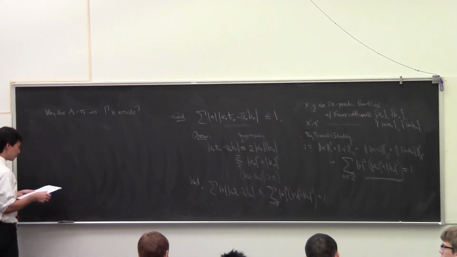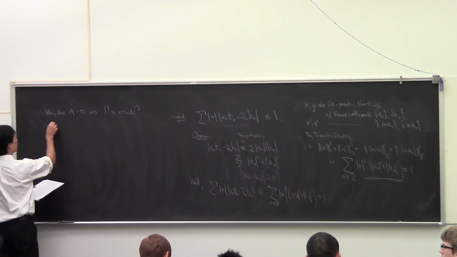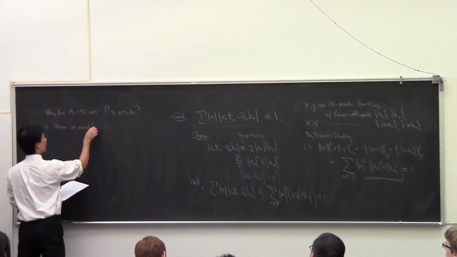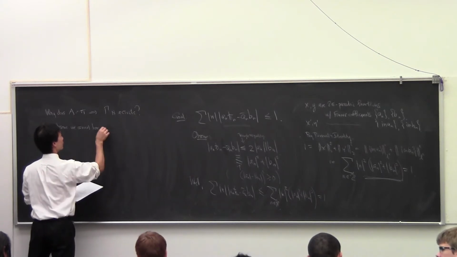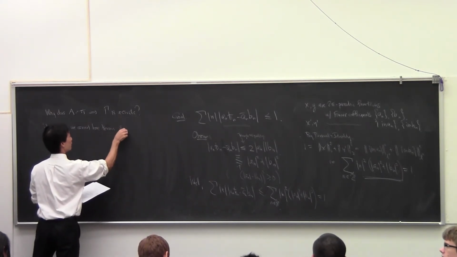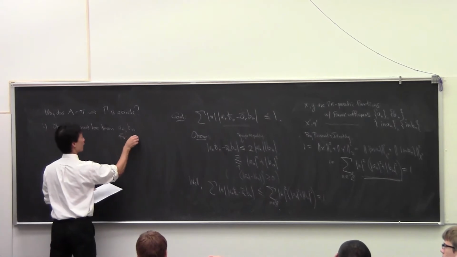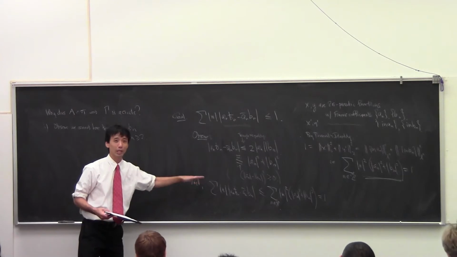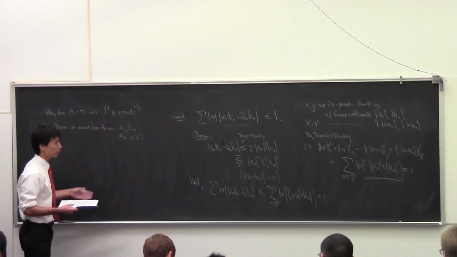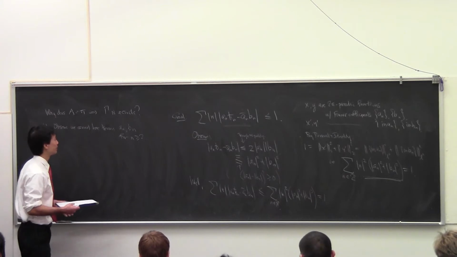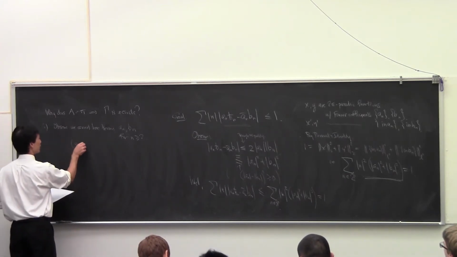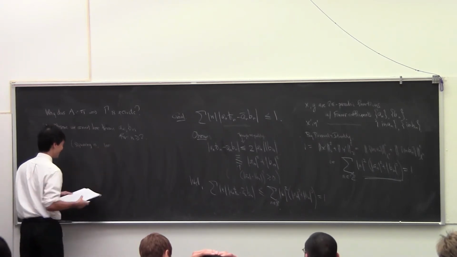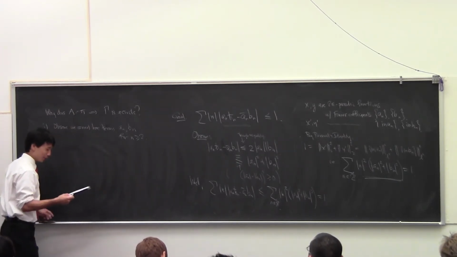First, observe that we cannot have any terms a_n and b_n for n greater than or equal to 2, because if we did, then we would lose all hope of having equality. When we square that n, we lose all hope.